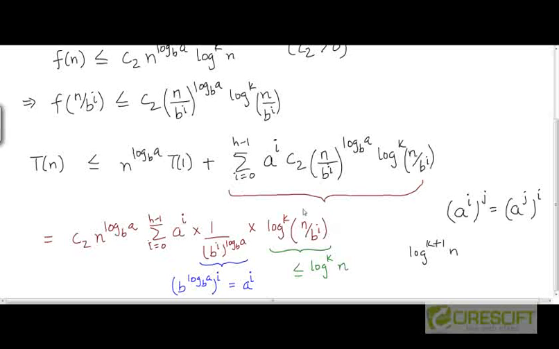So note that we are looking at the second term only here. We already have a constant multiple of n to the power log base b of a, and these two terms have already cancelled each other out.